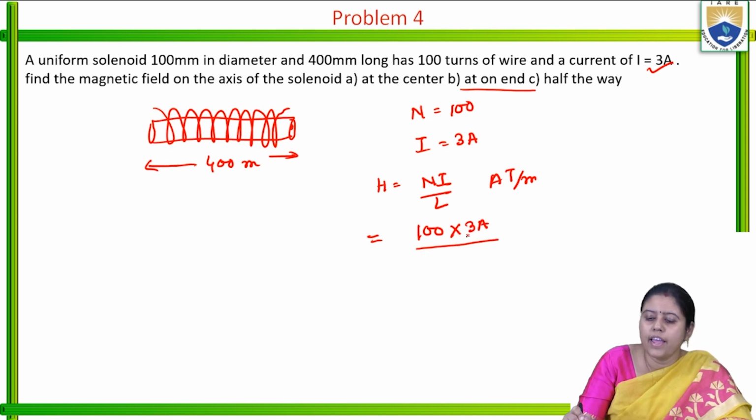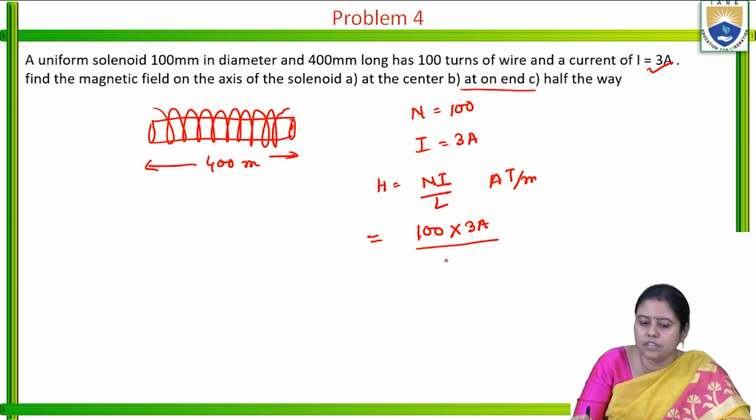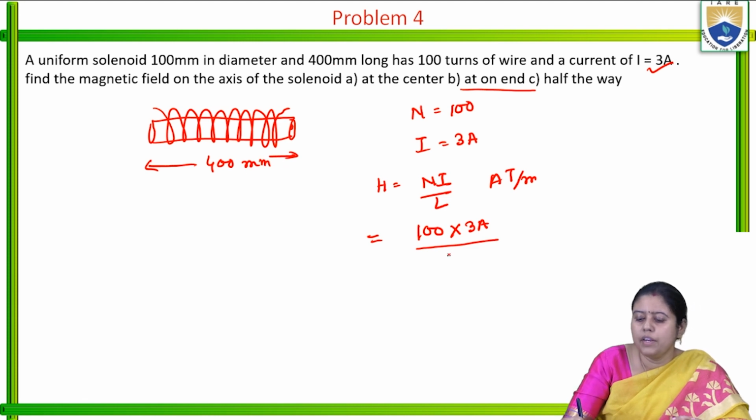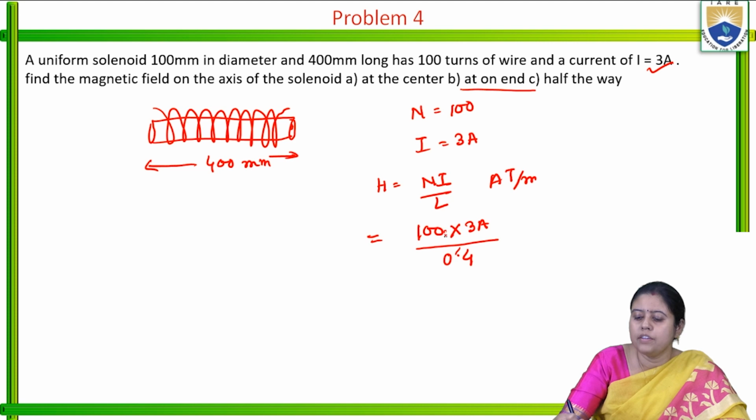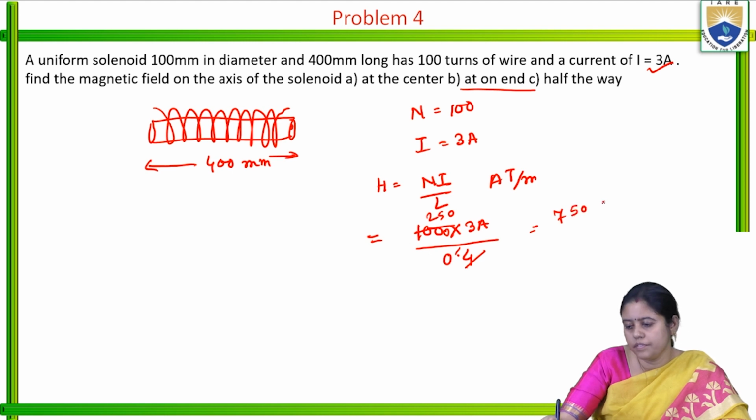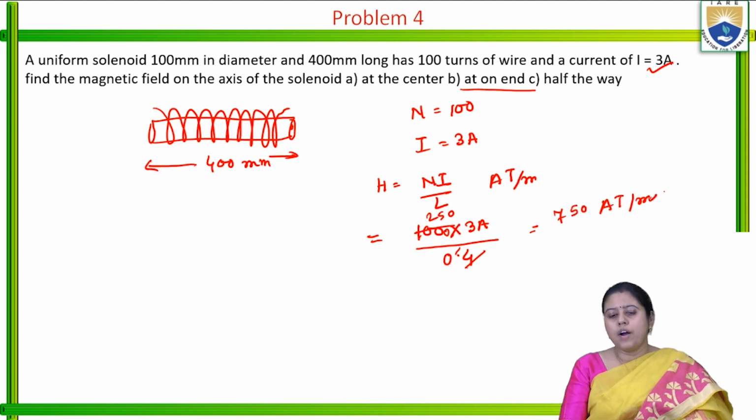And what is L? L is 400 millimeter. So millimeter means 0.4 meter. So if we solve it, we will get the value at one end.